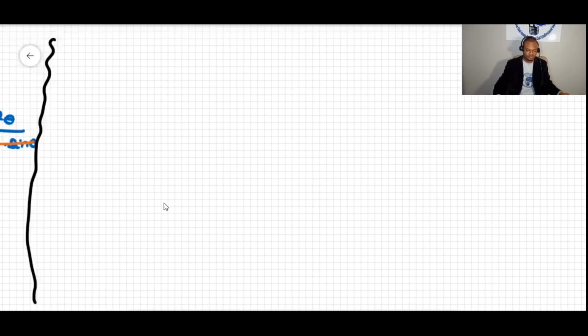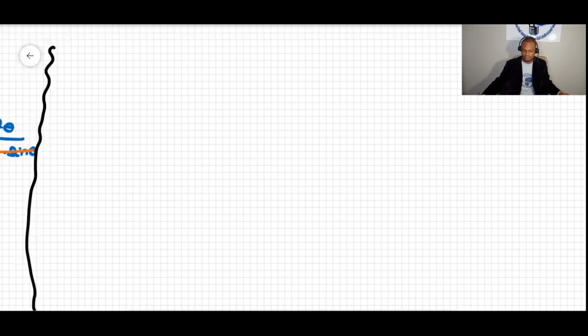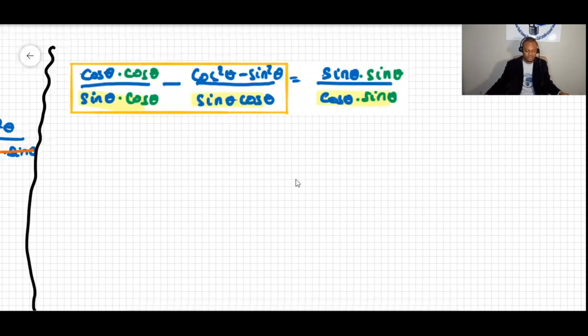All right, yes. From here, I want to remove this. Instead of using that, I want to use 2 cos squared theta minus 1, right?